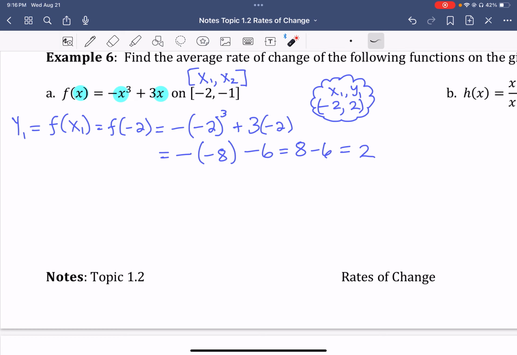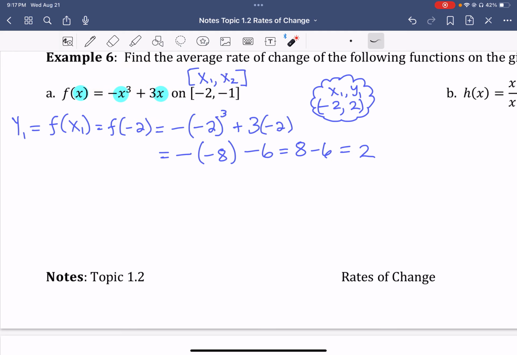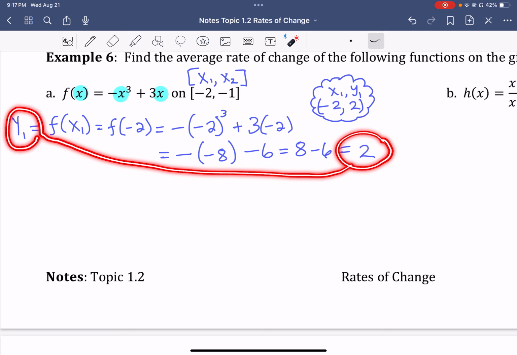Again, when you plugged in x sub 1, I put this in there, and there, and in there, right? So it's here, here, and here. So I plugged negative 2 into every single x that was given to me in the equation, and then I simplified. After I did all this work, my final answer was 2. And remember that all of this was to find y sub 1, so my y sub 1 was 2. So that's one coordinate point.